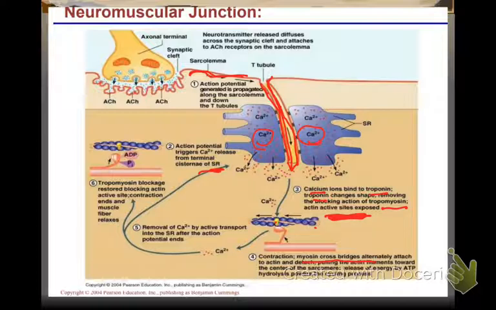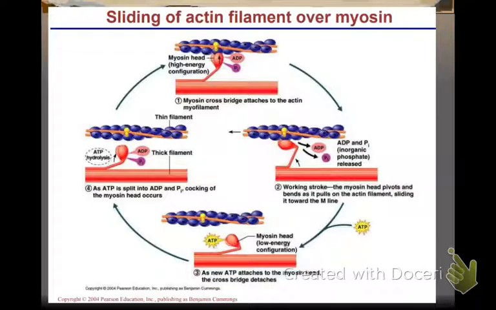In order to stop this process of the contraction, calcium has to be removed from the sarcoplasm, okay, the cytoplasm inside of a muscle cell, so that when the calcium is gone, ATP can bond and the myosin head is going to let go. Otherwise, your muscle is going to stay in a constant state of contraction.